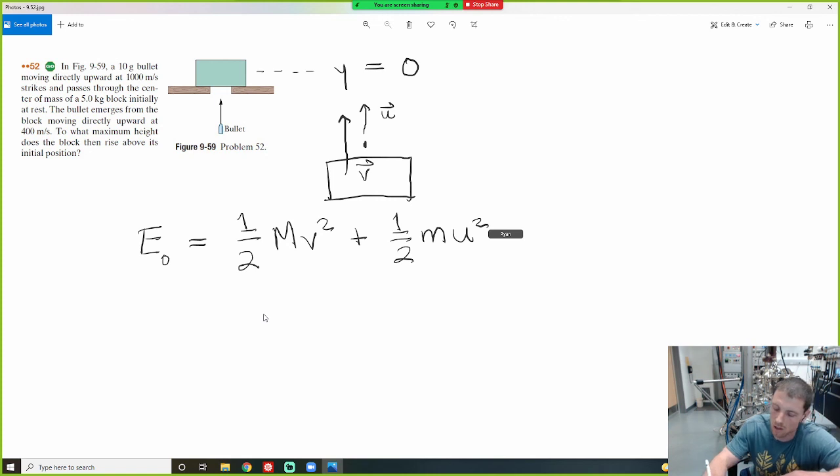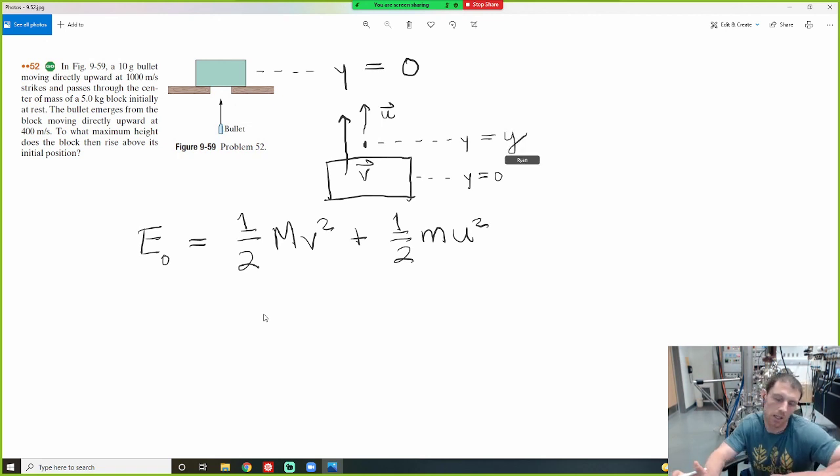And we would need to know how high the bullet is above our y equals 0, which remember is this. And so we could say that the height of the bullet is y equals, I'll just call it script y, because we're going to have to use h in the other part.